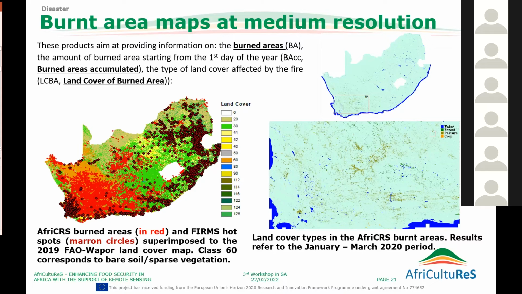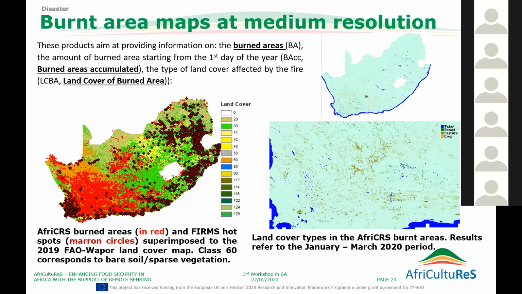We are also providing an estimation of the type of vegetation affected by the fire. So we have the accumulated burned area and the land cover of the burned area, and we are delivering these three products.